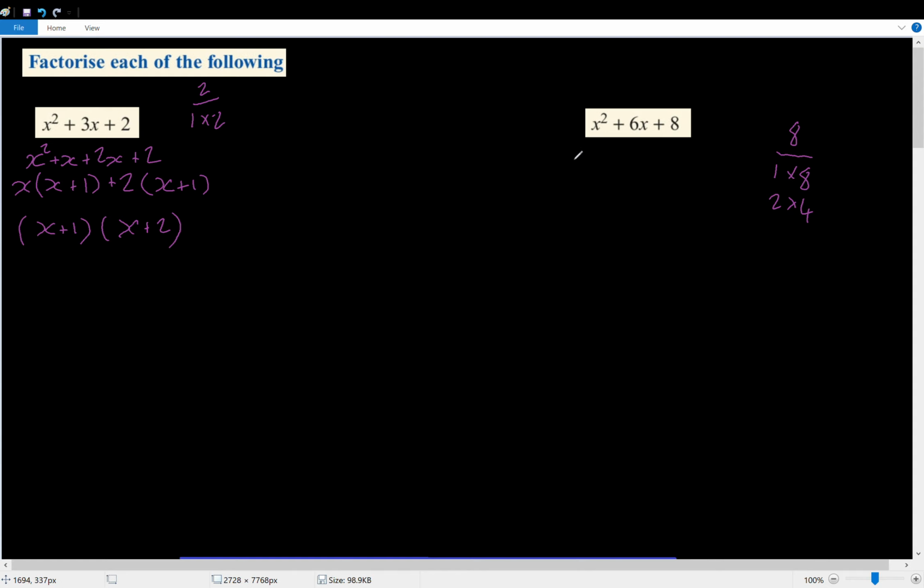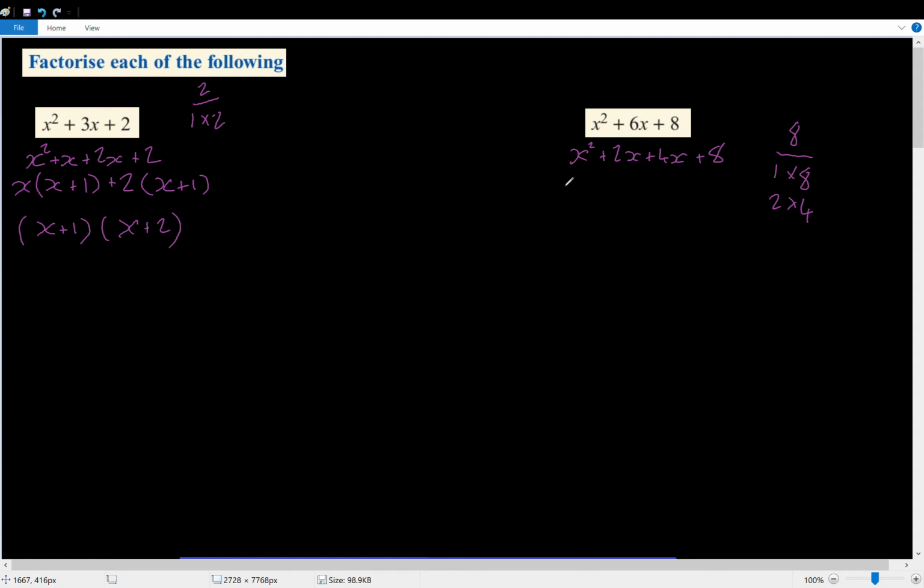So we're going to rewrite this out again. So we're going to have x squared plus 2x plus 4x plus 8. And again, you can see that if we added the 2x and the 4x, we get the 6x back, so we haven't changed the value of our expression. And from here, we can factorize this out.